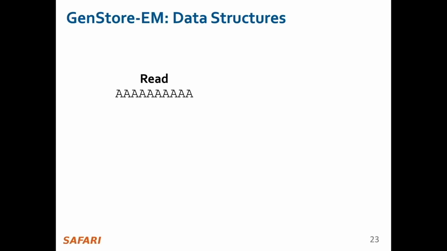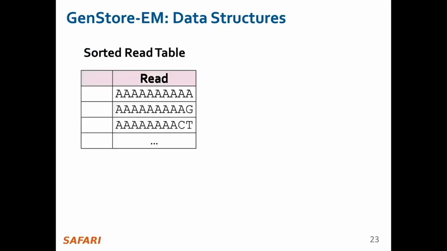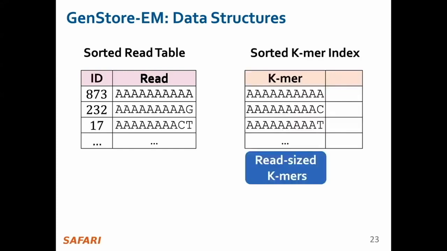Based on that, we introduced two data structures in our work. First is a sorted read table, each entry of which stores a read and its unique ID, and a sorted k-mer index, which contains all the unique read-sized k-mers extracted from the reference genome, along with each k-mer's corresponding location in the reference genome. If you remember, when I was refreshing the background of read mapping, we discussed an index with small k-mers and their locations.